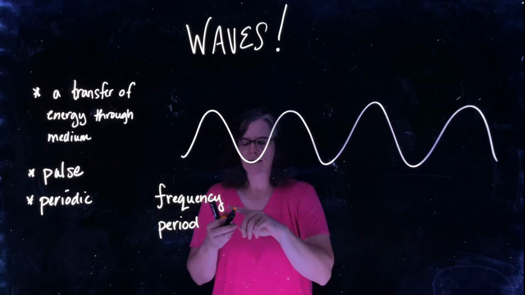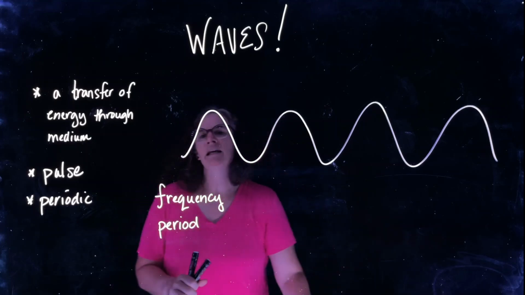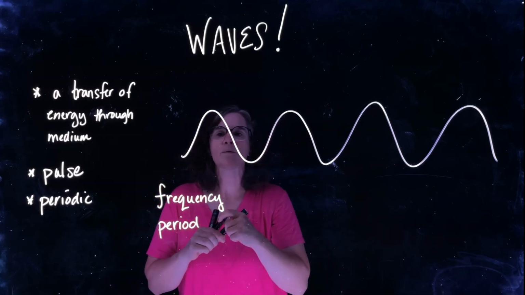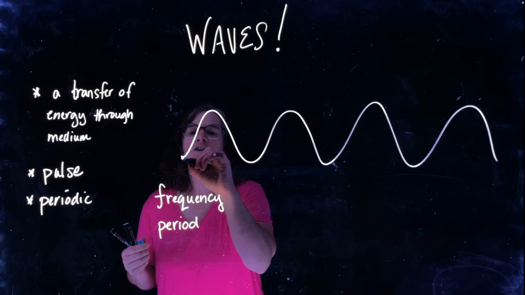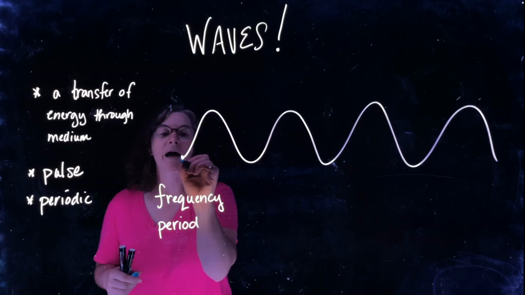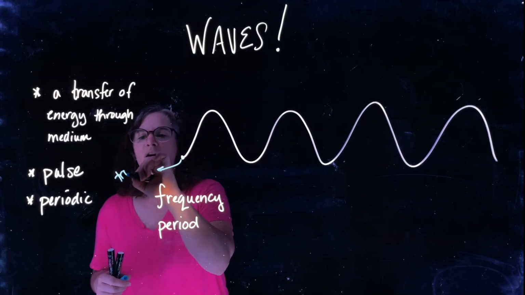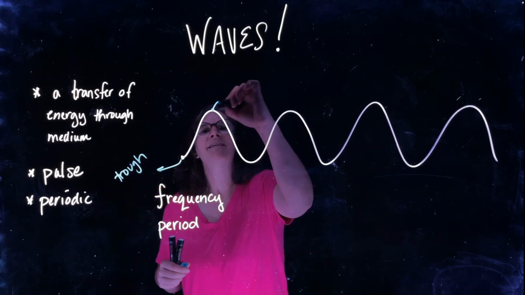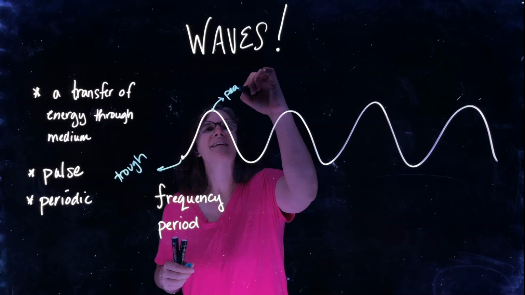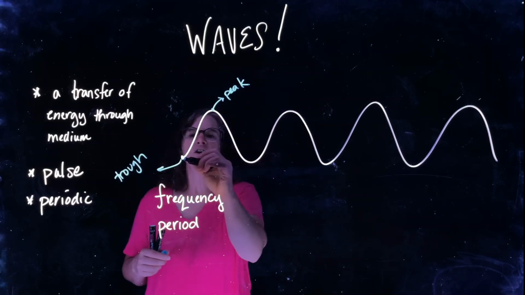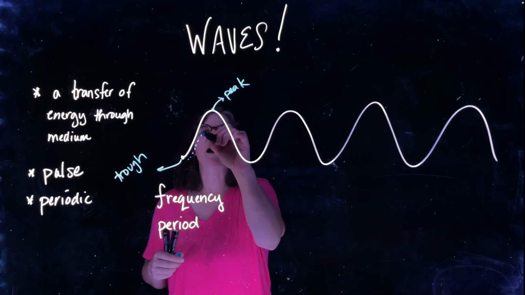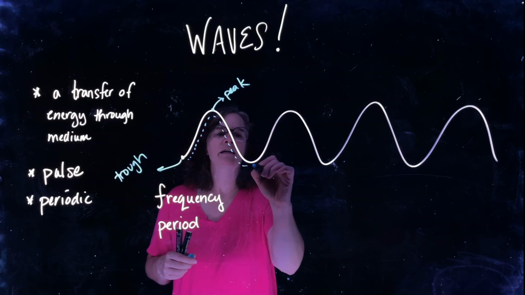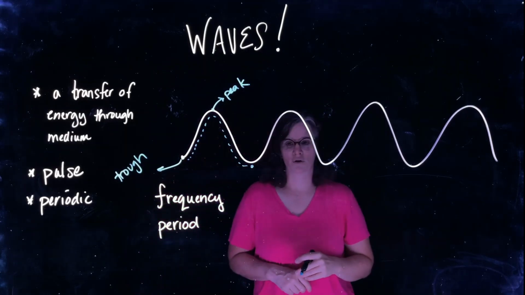So what's a cycle? A cycle, keep in mind, is when we go through a complete wave motion. If I'm starting here at the bottom, which we call the trough, and this top, you might imagine we call the peak. If I'm starting at the trough, a cycle would take me up and back down to the trough.